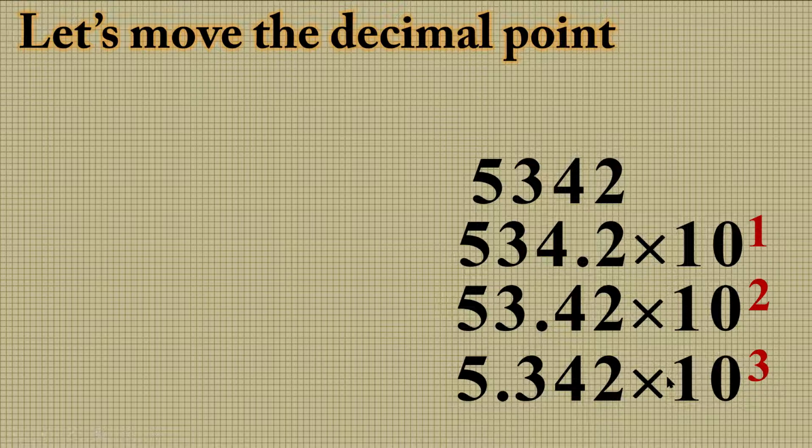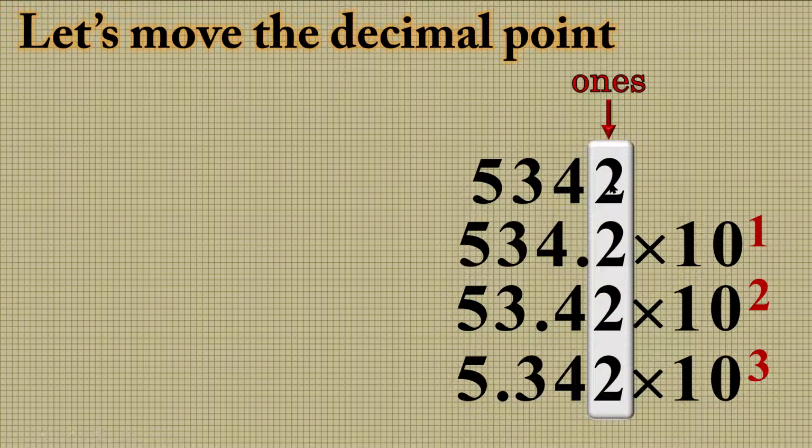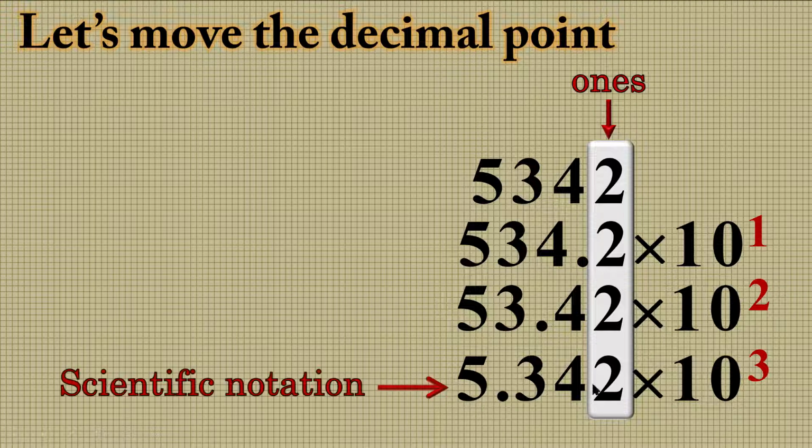Pay attention, in all versions of the original number, all the digits will keep the same position, the same number place. For example, in the original number, 2 as the last right digit is in the order of ones. This is the same in all the other versions. But pay attention, the last version is something we are looking for.